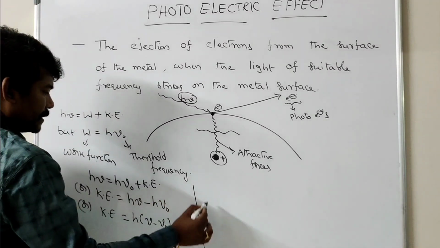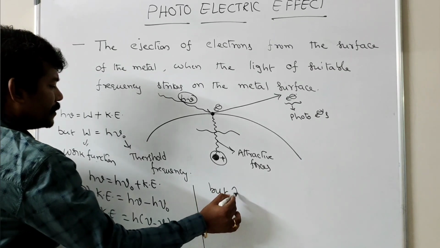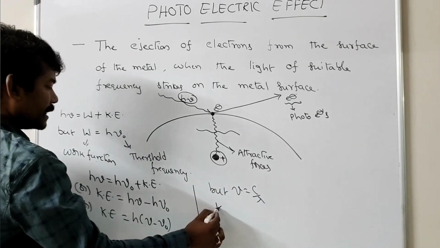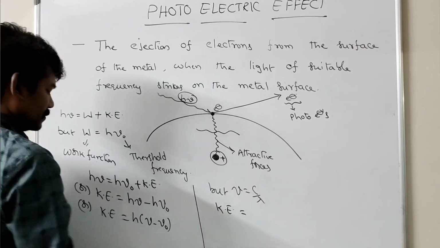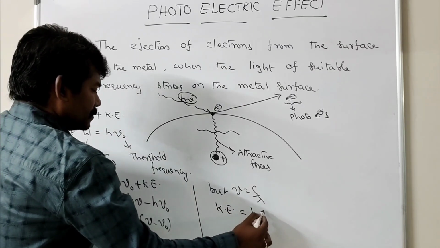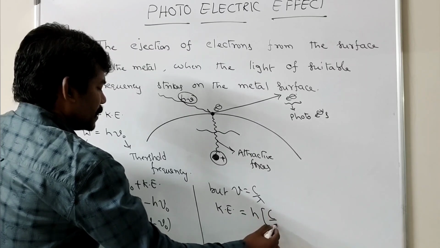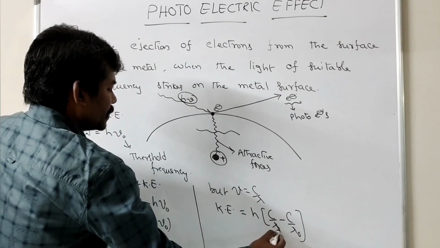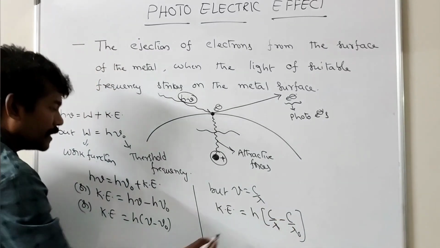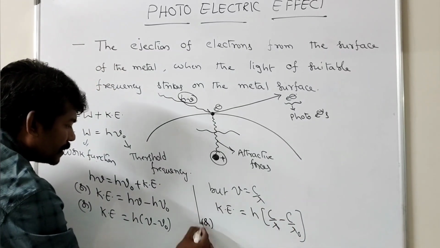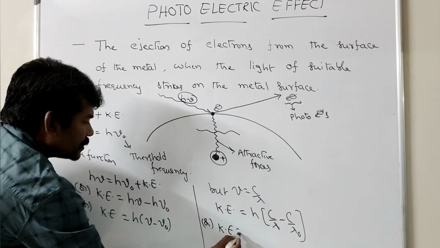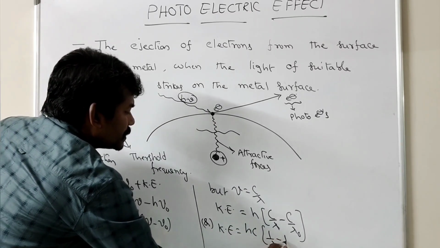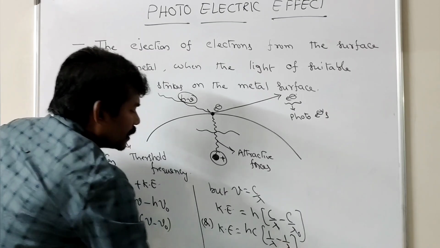But nu is equal to c by lambda, then kinetic energy Ke is equal to h into c by lambda minus c by lambda naught. This is nu and this is nu naught. Or Ke is equal to hc into 1 by lambda minus 1 by lambda naught.